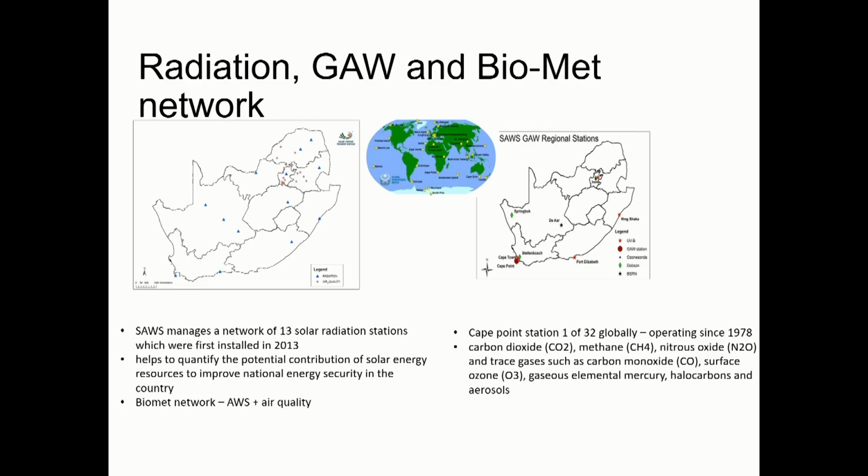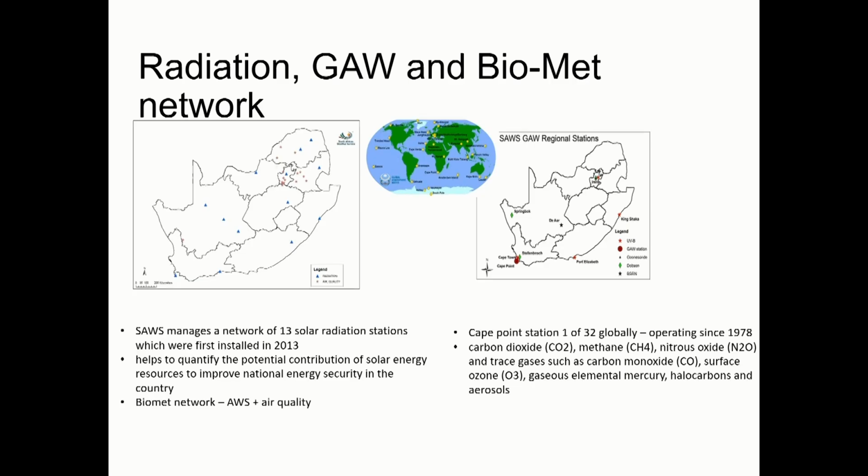And then we also have the BioNet network. This one is more of having your automatic weather stations plus your air quality. So it will have all the parameters that you get from the automatic weather stations, as well as air quality parameters.